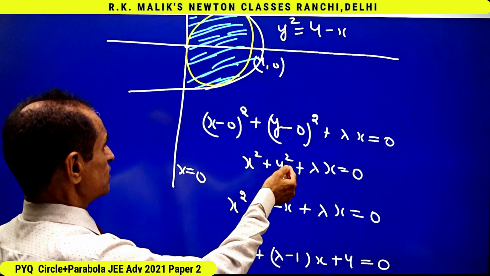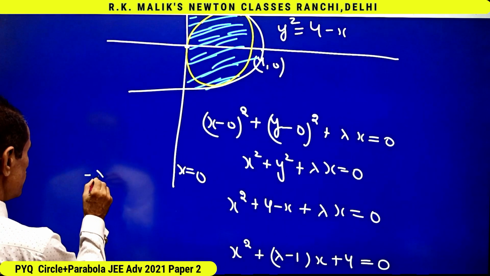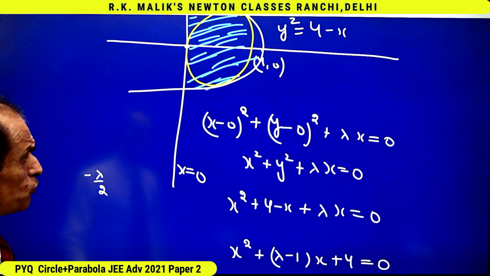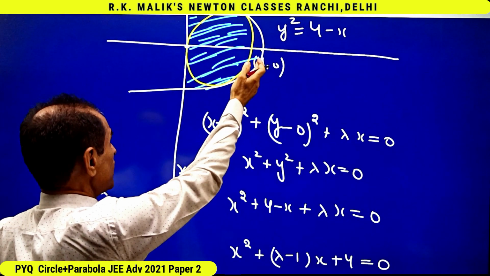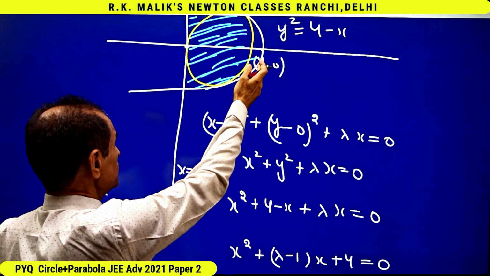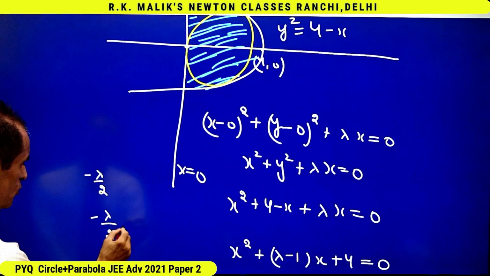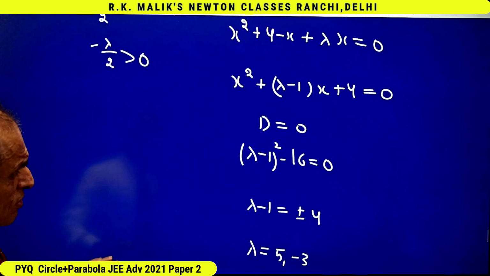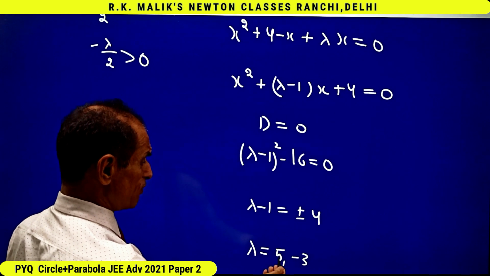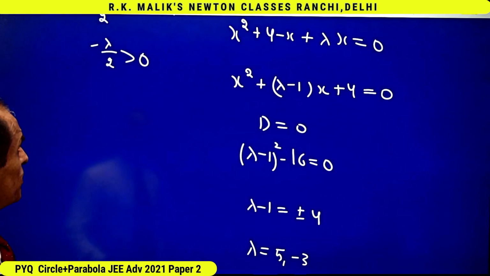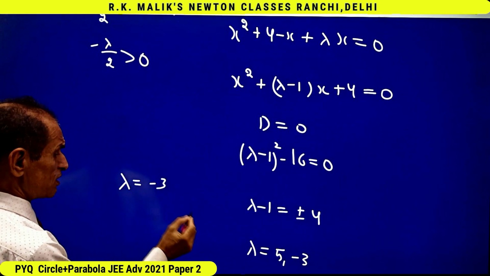It is clear that the center of this circle has coordinates (minus lambda by 2, 0), and because I am dealing with those circles which are lying on the right hand side of the y-axis, minus lambda by 2 should be positive. Therefore, out of the two values of lambda, I'll choose that value of lambda for which minus lambda by 2 is positive. Hence, I get the value of lambda as minus 3.